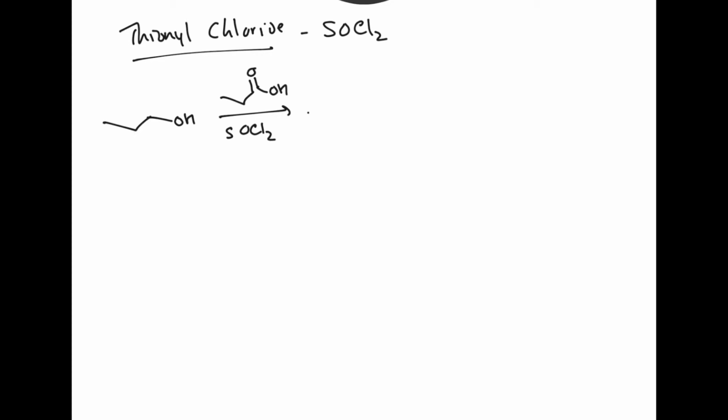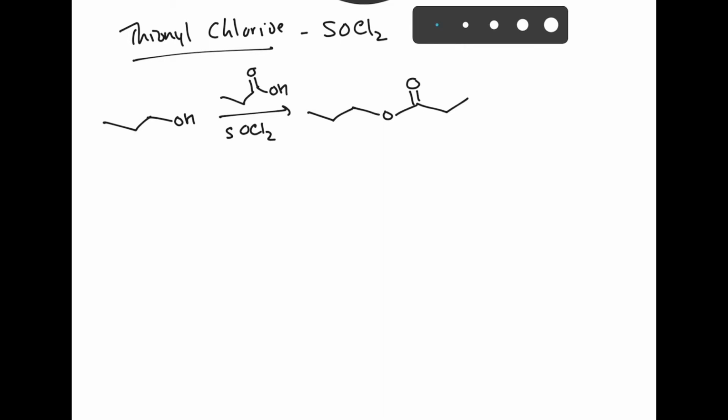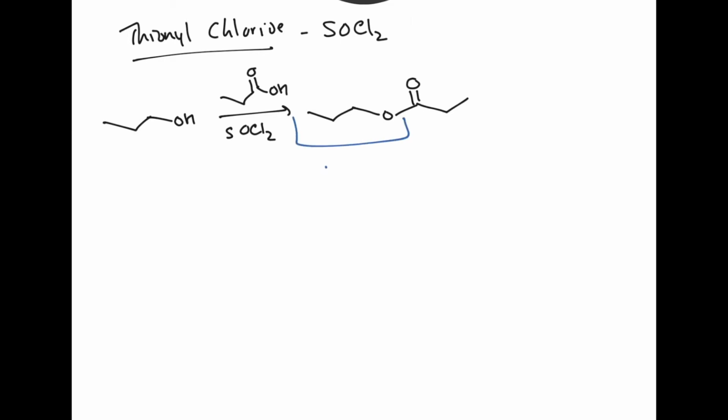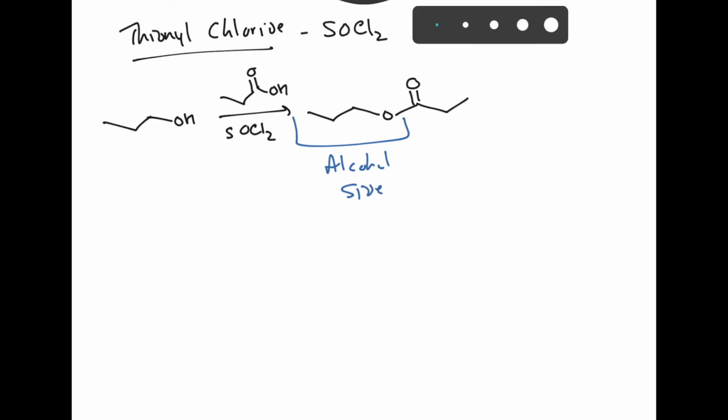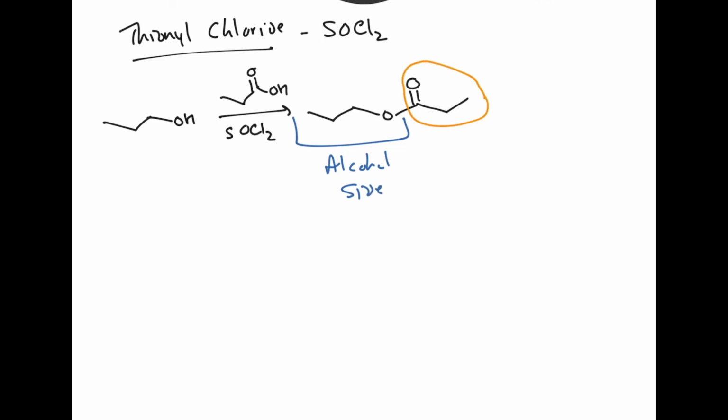And again, you're going to get to kind of the same place, right? You're going to get to an ester, but you're going to get here a little differently. Well, the things that are the same, right? Here you have your alcohol side, right? Same thing, you lose the OH from the acid still.